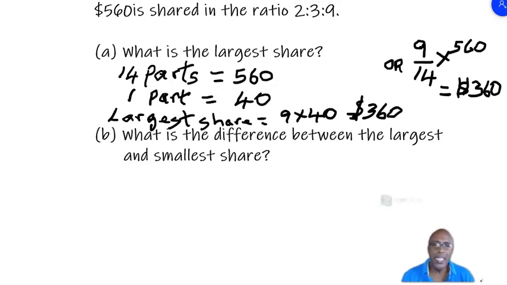Part B, what is the difference between the largest share and the smallest share? The largest share is 9 parts. The smallest share is 2 parts. So the difference is 7 parts, 9 minus 2.